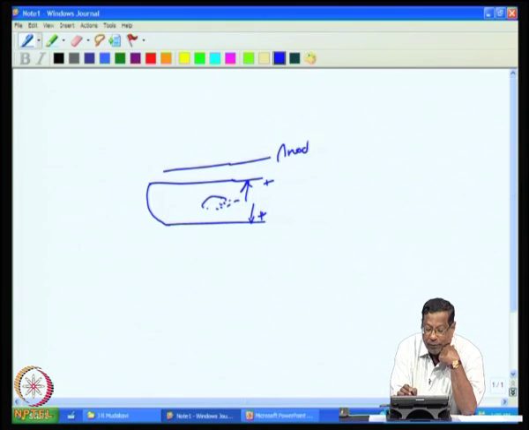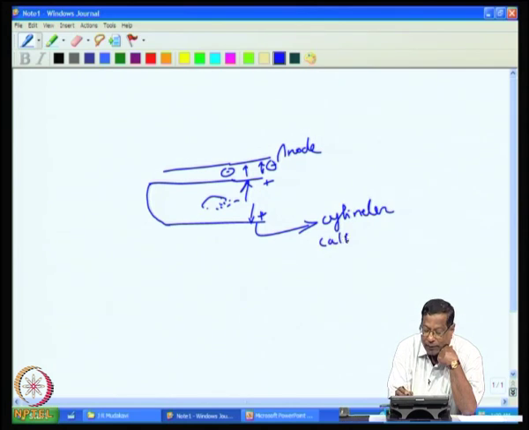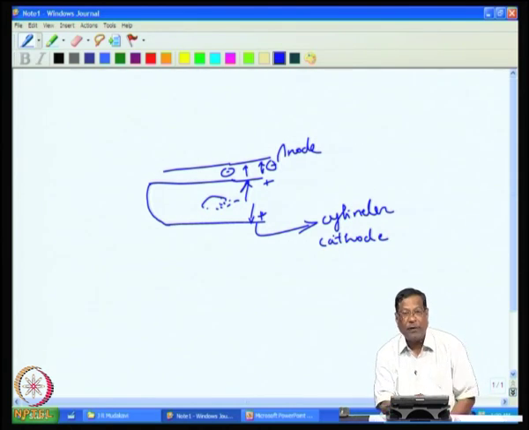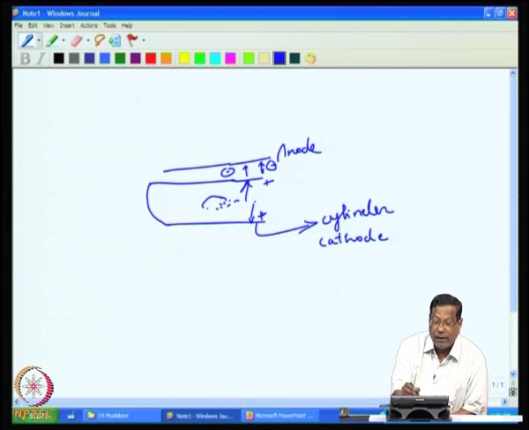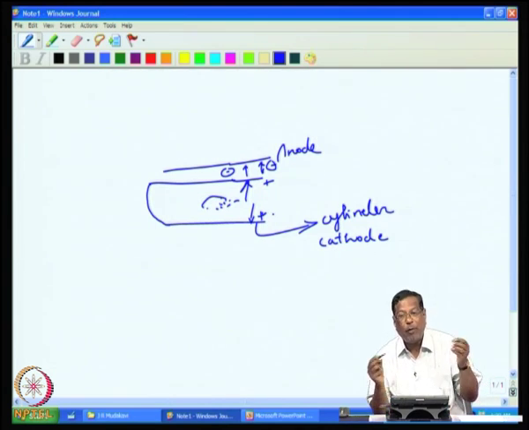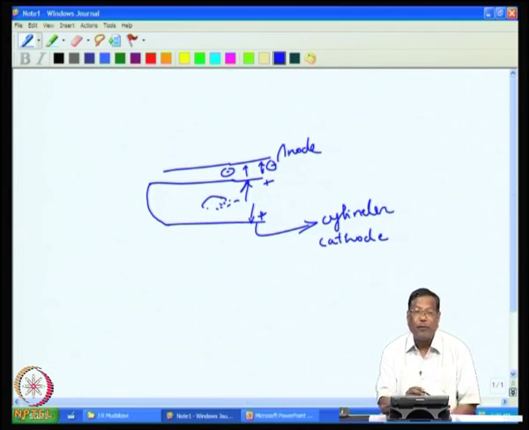This is the anode, negative ions, and positive ions will go and hit the cylinder. This is in the form of a cylinder, and that is the cathode. This is the basic process in which the ions will come and bombard the cathode.